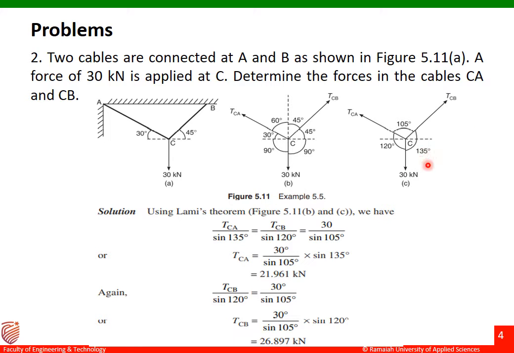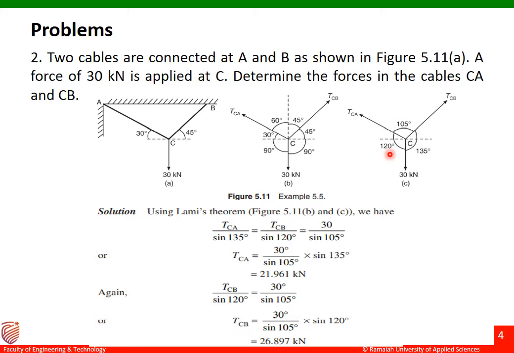This is what you can see in figure 5.11c. Now let us find the angle made by TCA and 30 kilonewton. This is 30 degrees and this is 90 degrees. So 30 plus 90, we get the angle between TCA and 30 kilonewton as 120 degrees.